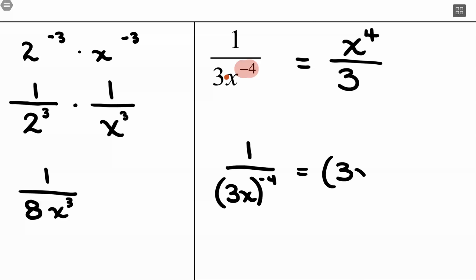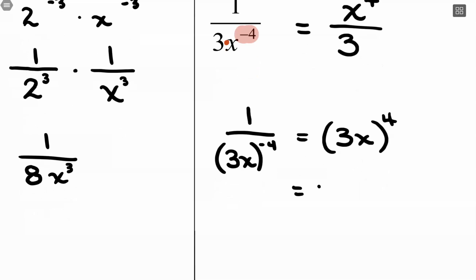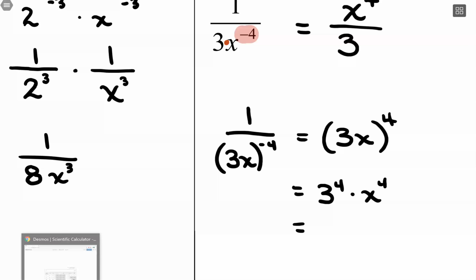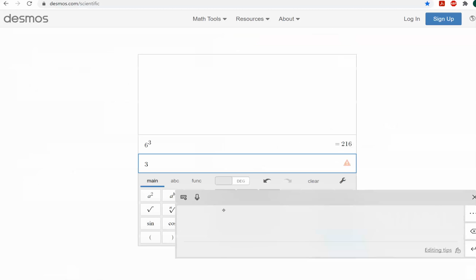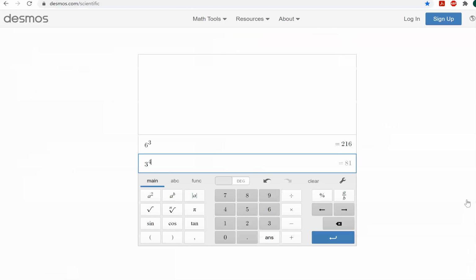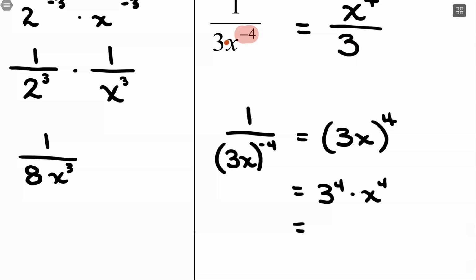Then we'd have 3x in the numerator in parentheses to the +4th power, which would be 3 to the 4th times x to the 4th, which would be, let's see, 3 to the 4th power. 3 raised to the 4th power is 81.